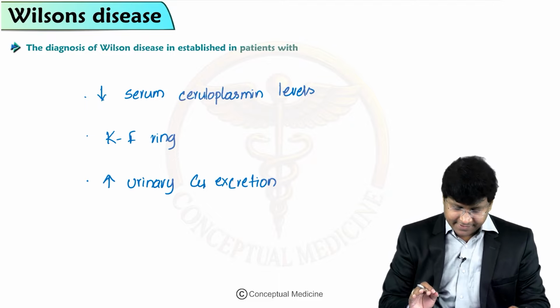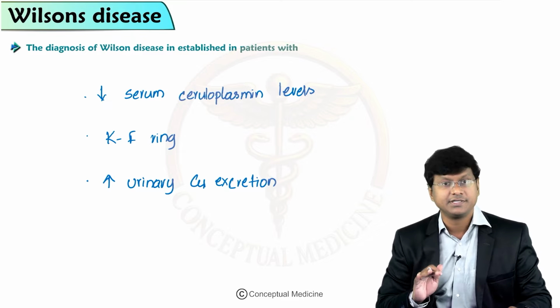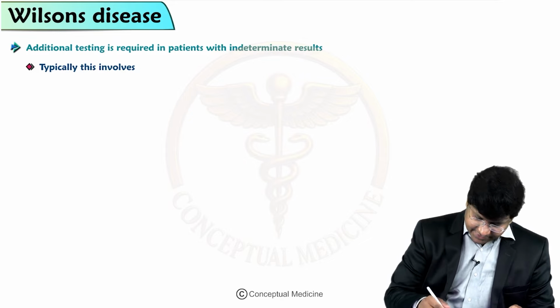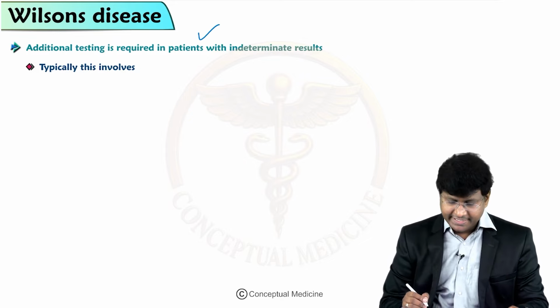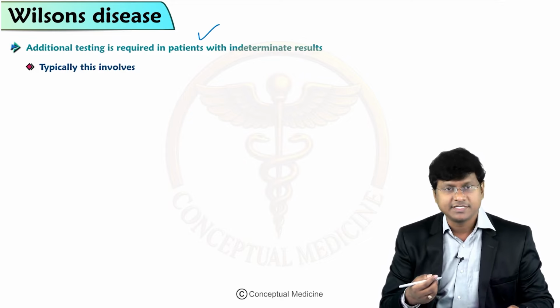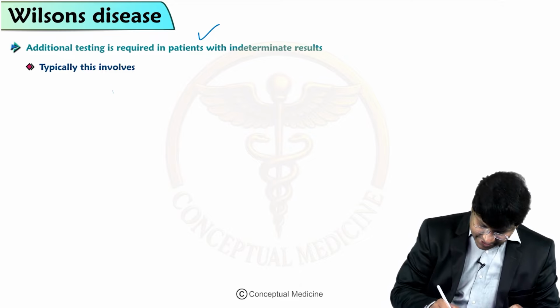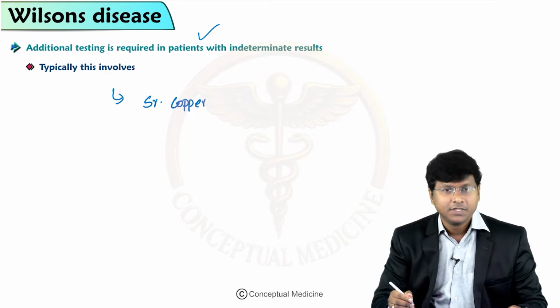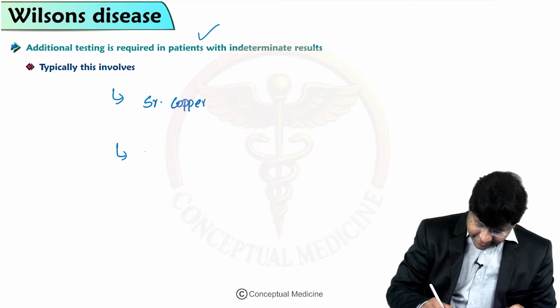So the diagnosis of Wilson's is established based on these 3 important parameters, right, and additional testing is required in patients with indeterminate results, right. And what is that additional testing which is required? You need to test for the serum copper levels, and next important investigation is the liver biopsy.